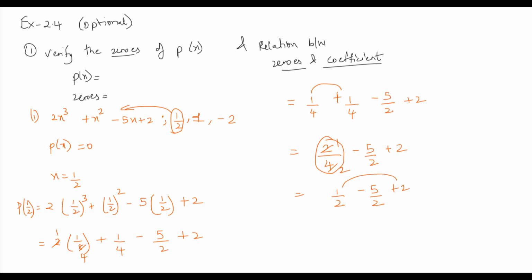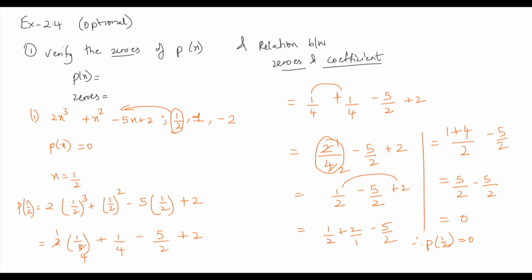Now do these two, that is 1 by 2 plus 2 by 1 minus 5 by 2. We will get LCM as 2, 1 plus 4 minus 5 by 2. Hence 5 by 2 minus 5 by 2 will give us 0. Therefore, p of 1 by 2 is equal to 0. I can say 1 by 2 is the 0 of the given polynomial.